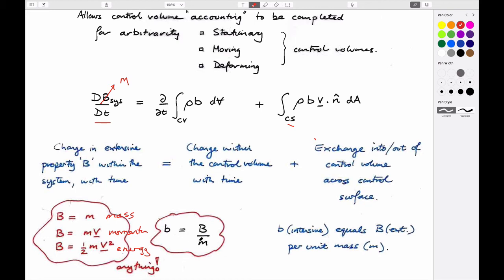And so, in this particular case, since we're dealing with mass, which is B, this would be mass. And this intensive property, little b for our case here, would be just 1. But the reason that we talk about Reynolds transport theorem is because we can apply it to conservation of momentum and conservation of energy, and we will. And it's important to apply to those because it defines the forces that are applied on structures with fluids flowing through them, basically. And so this is what Reynolds transport theorem will look like for our system.